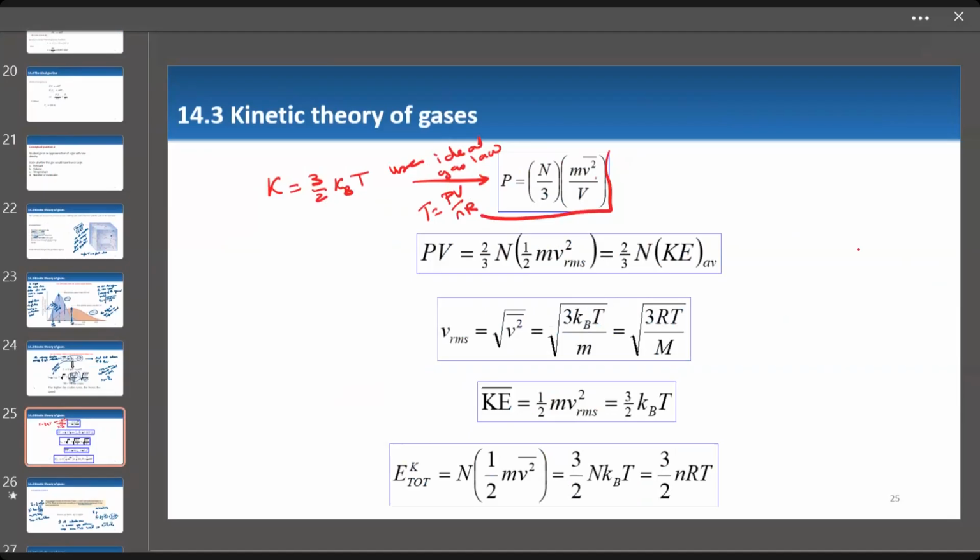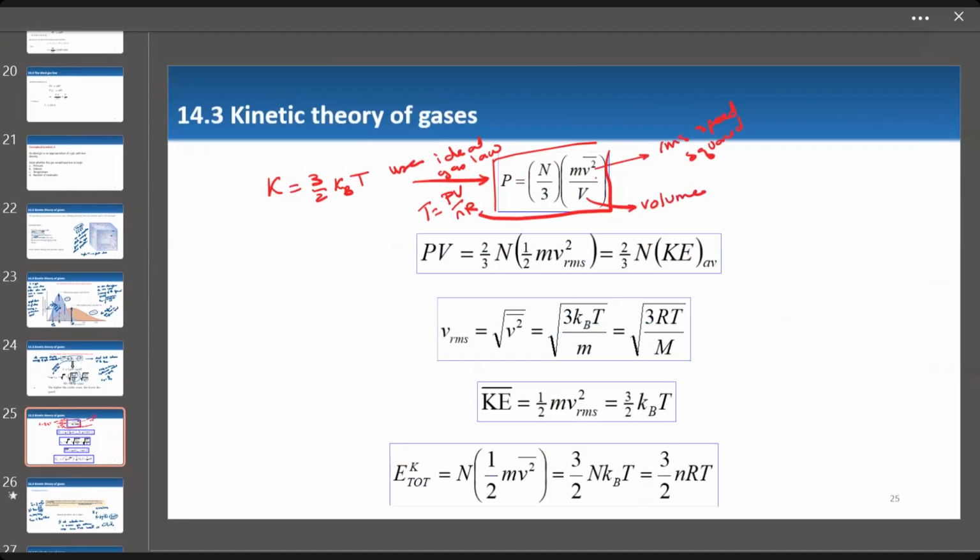So I can also see this formula, which is for the pressure of a gas in terms of its average kinetic energy, or VRMS. So what do we have in this formula? The pressure in a gas is equal to the number of atoms over 3 times the mass of the gas specimen times VRMS squared over the volume. This is the volume here, and this is the RMS speed squared.